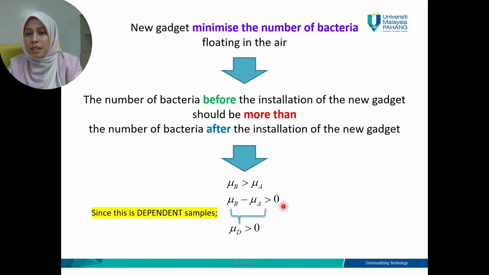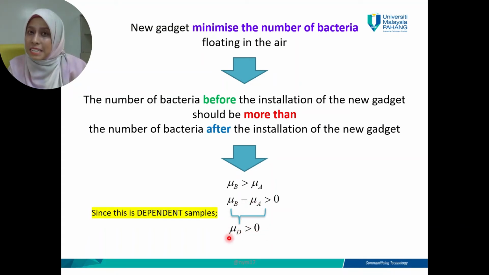Since these are dependent samples, I need to use the notation mu d. I cannot leave my hypothesis statement as mu b minus mu a because this is dependent samples. I need to use mu d to represent mu b minus mu a. So mu d greater than 0.